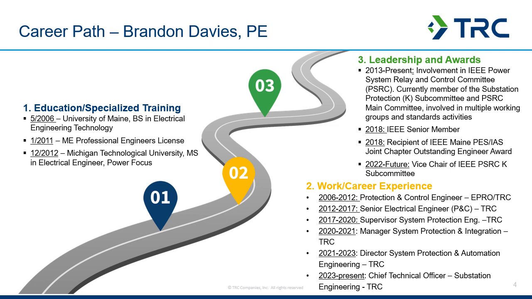Last year I took a new position as Chief Technical Officer for the overall substation engineering practice, where I oversee and provide technical expertise and guidance for our overall staff of between 350 and 400 engineers across the country and in Canada. And that's what I'm currently doing as part of my role here.